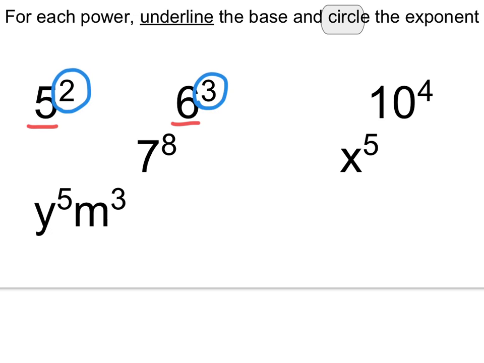Okay, looking at our next example, 10 to the 4th power, our base is 10, our exponent is 4. Our next example, our base is 7, and our exponent is 8.